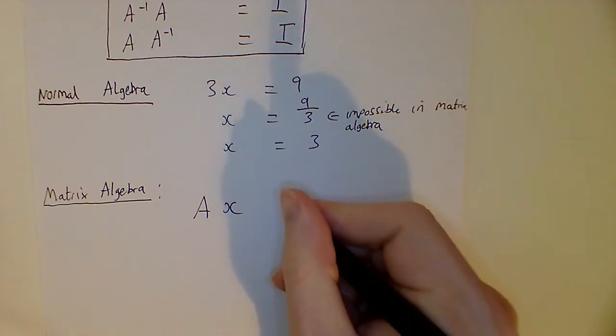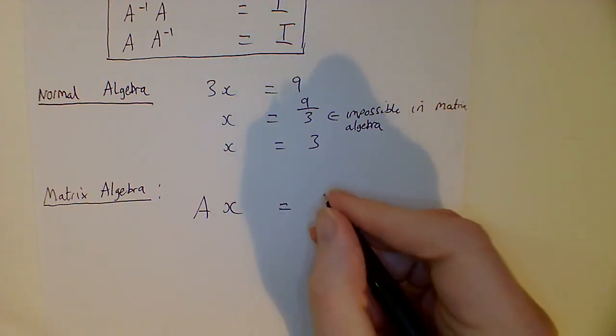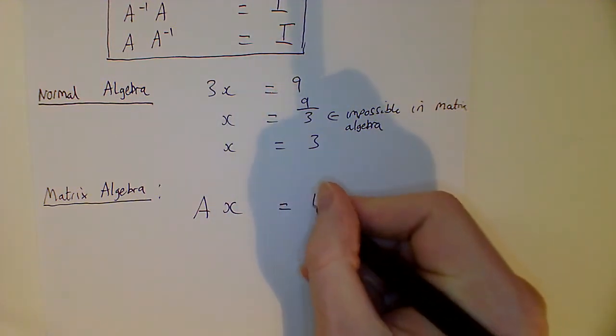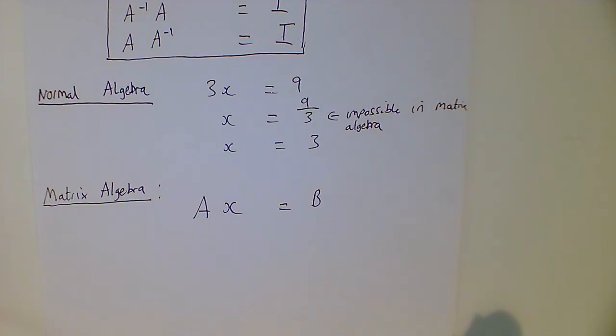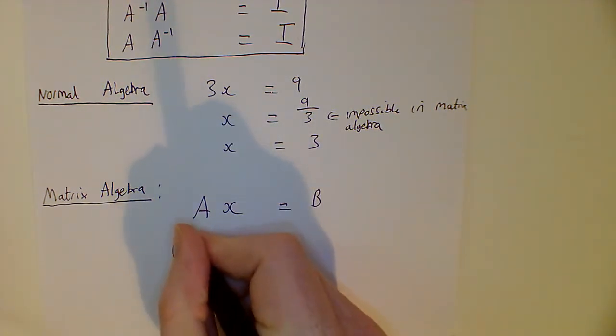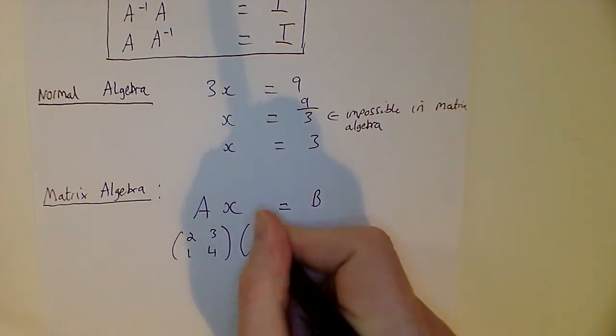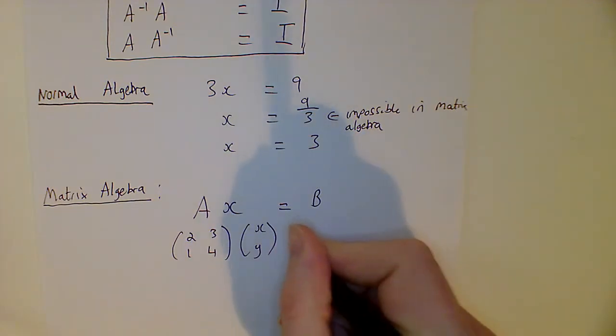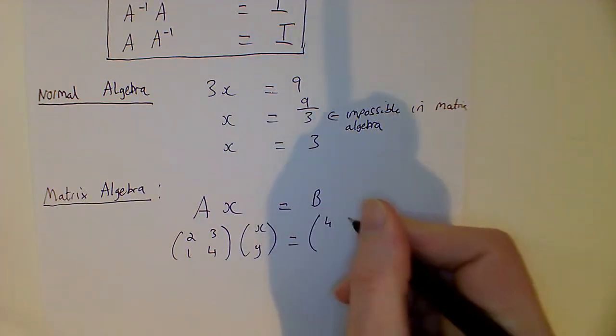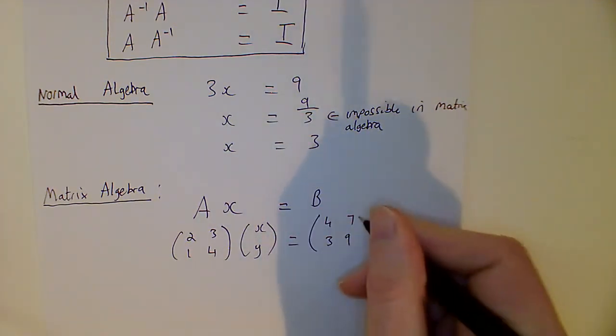And let's say that gives me a second matrix here, B. So all that would need to look like, for example, is 2, 3, 1, 4, if it's 2 by 2, times XY equals 4, 7, 3, 9.